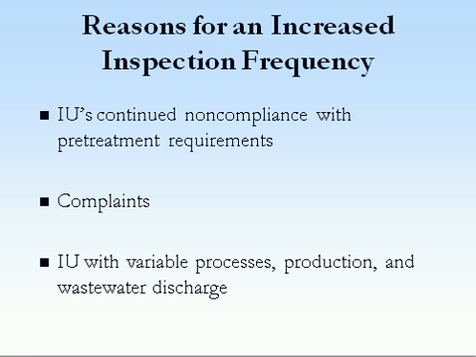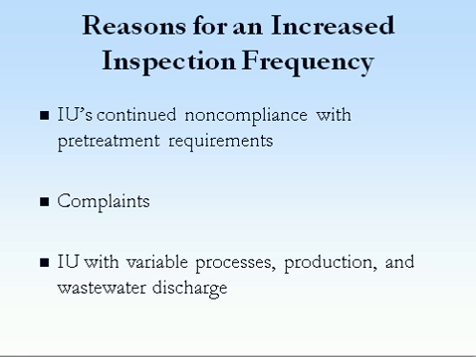As you probably recall from that previous slide with the table that identified the minimum inspection frequencies, there are reasons to actually increase the inspections to be more frequent than the absolute federal minimums.